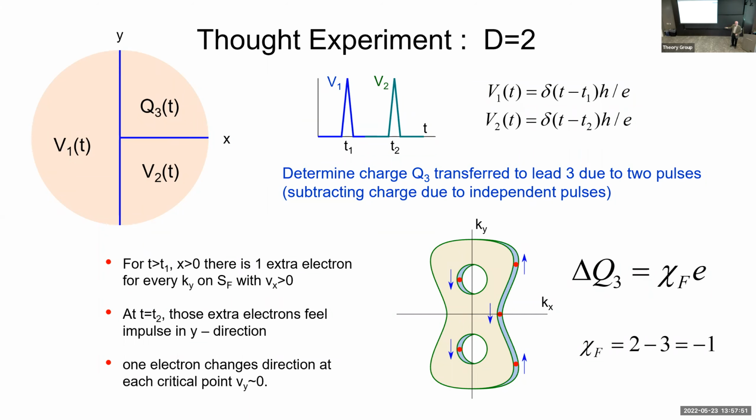Is there a local version of this formula where instead of the total net charge, you're just considering the change in the charge density as a local quantity? Not that I know of, no. There is something that will be sort of local that I will tell you about in a little bit, but it's not precisely this.